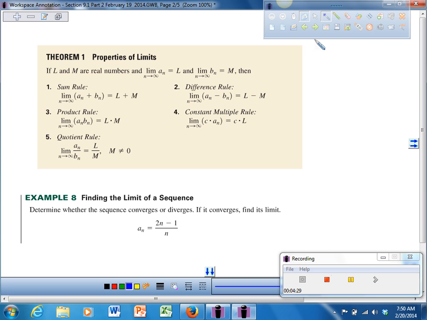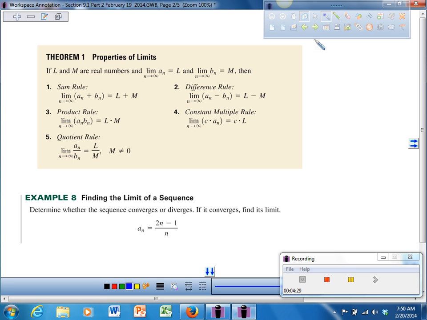We can break it up. We can do that with the difference as well. With limits, different from derivatives and integrals, we can break up a product. The limit of a times b is the same as the limit of a times the limit of b. Okay? Constant multiple, we can always bring a constant that's being multiplied out in front of the limit to make the limit easier to take.